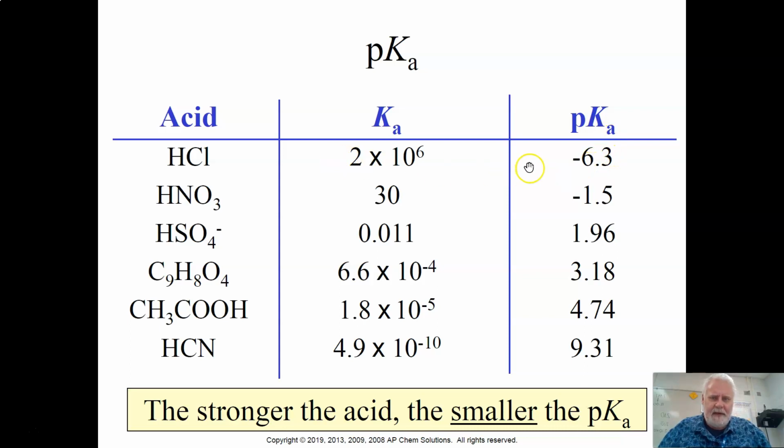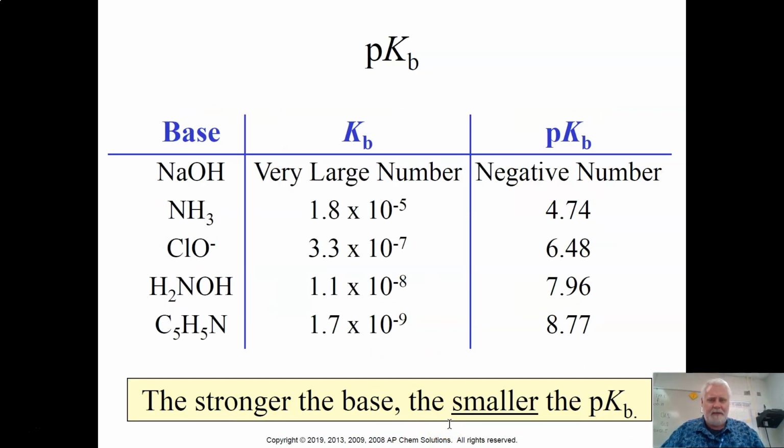If you got a really small Ka, you got a bigger pKa. So the stronger the acid, the smaller the pKa. Sounds like pH, doesn't it? Smaller number for pH, stronger acid. Very closely related there. And that can be helpful.